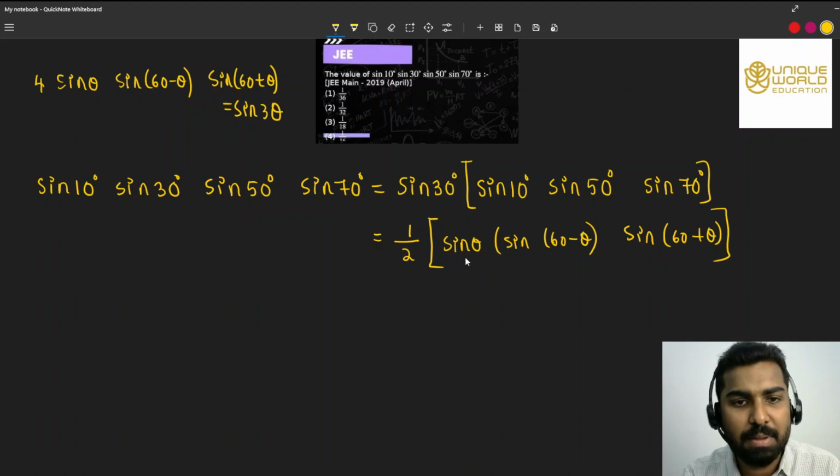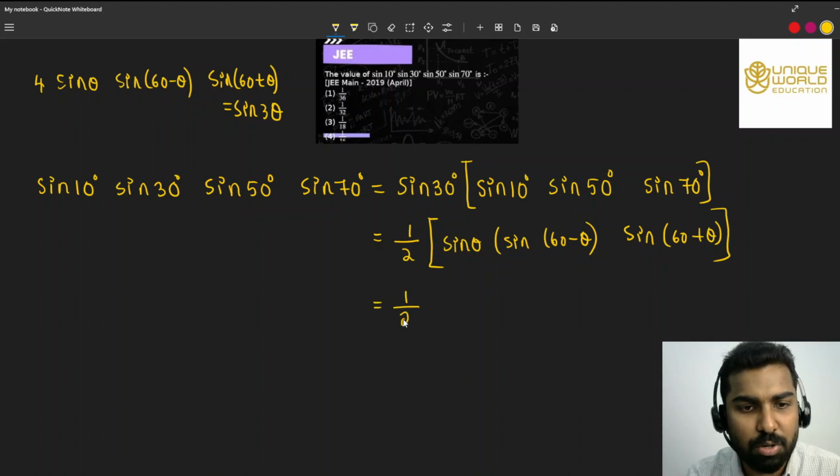Here I only have sin theta into sin 60 minus theta into sin 60 plus theta. So sin theta into sin 60 minus theta into sin 60 plus theta will be equivalent to sin 3 theta divided by 4. Theta here is 10 when I observe with the standard equation.